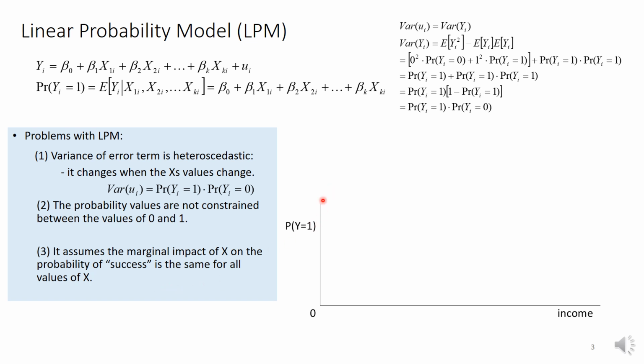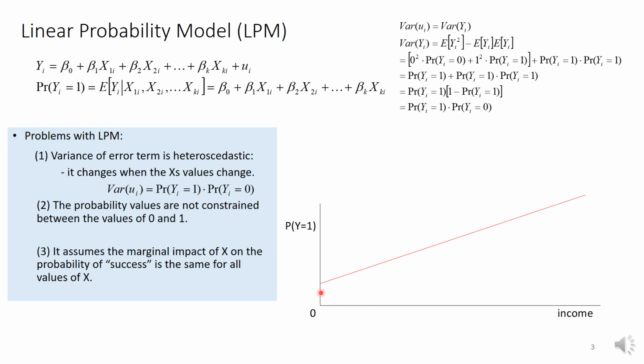For instance, if the probability of y equals 1 is the probability of purchasing a house, and this is a function of income, the linear probability model assumes that the relationship is linear, with a slope of beta 1.